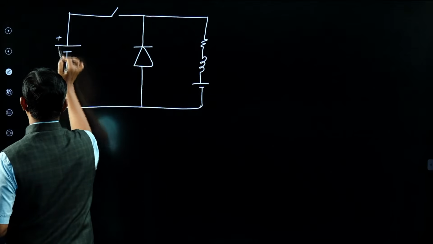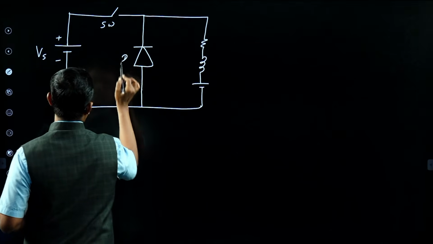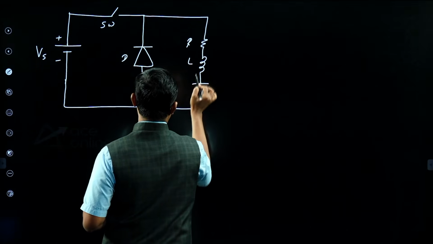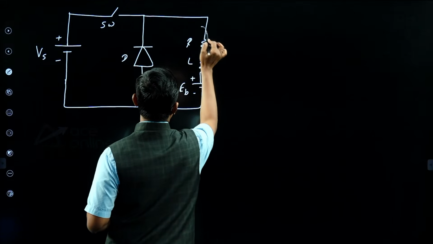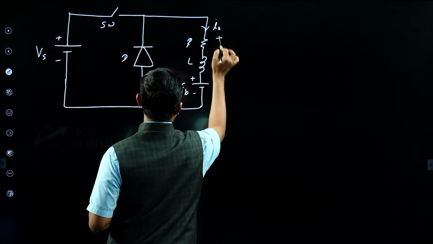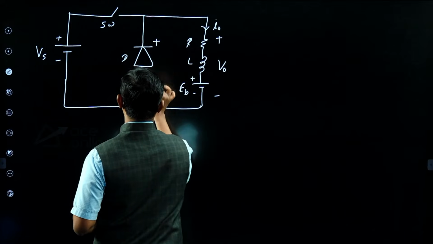This is Vs, switch, diode, RLE, or EB you can write, load current, load voltage, and freewheeling diode voltage VDF.